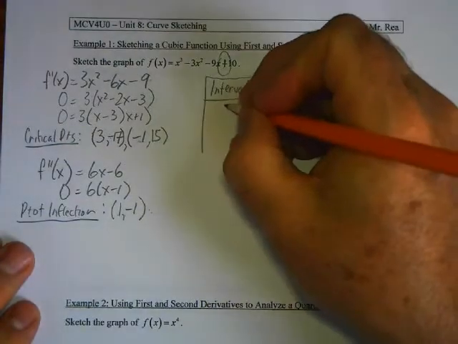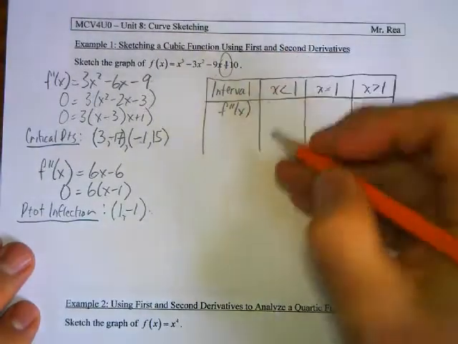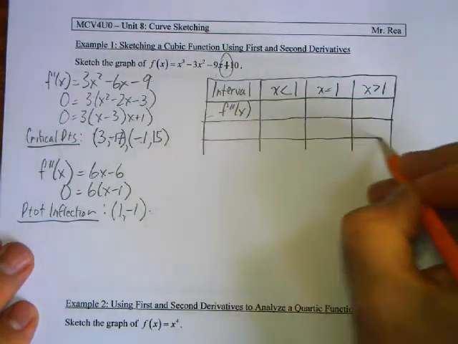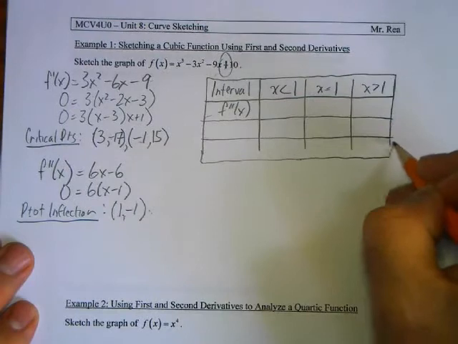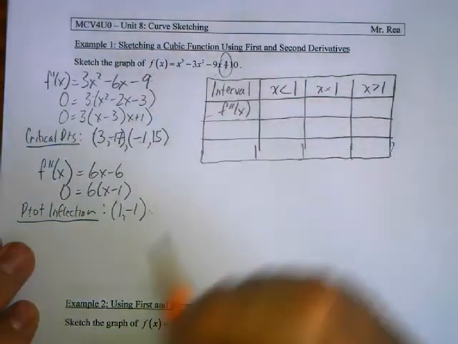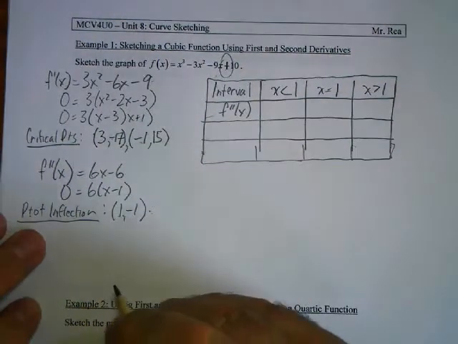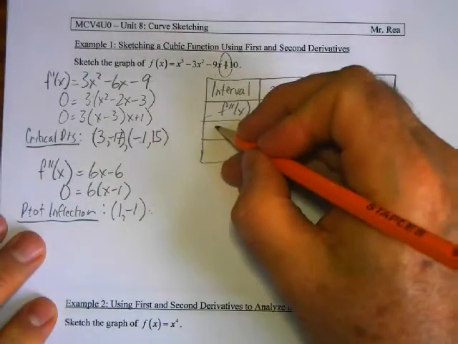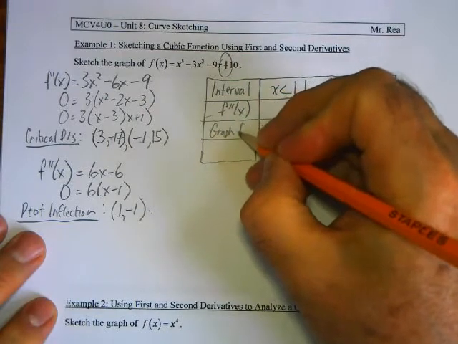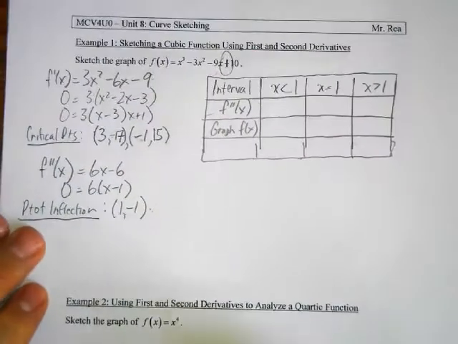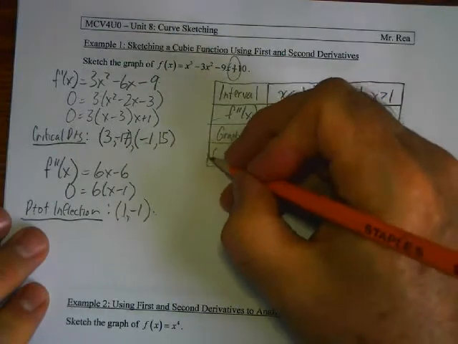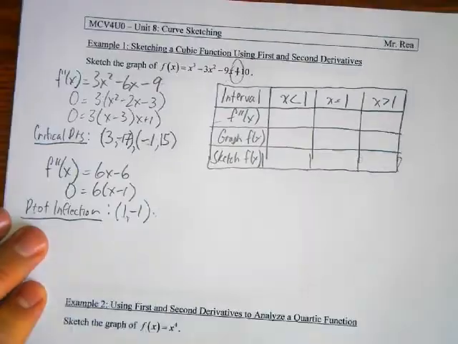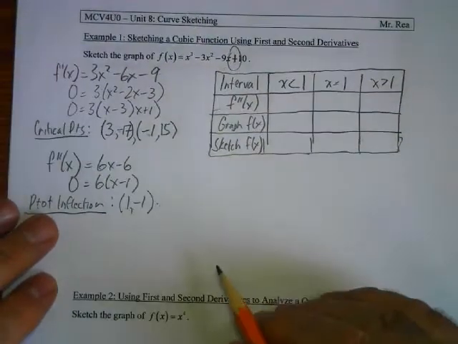So I'm going to put 3 rows here: the value of f double prime of x, the graph of f of x, and the sketch. I know that seems like it's the same thing. I think I took this from the textbook, so you'll see what the difference is when I do this.